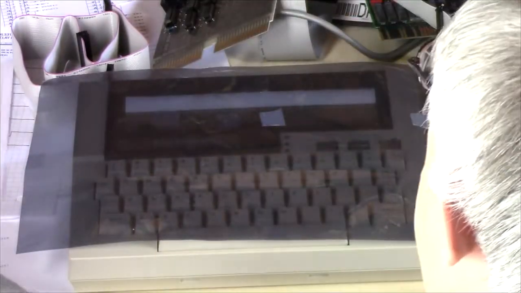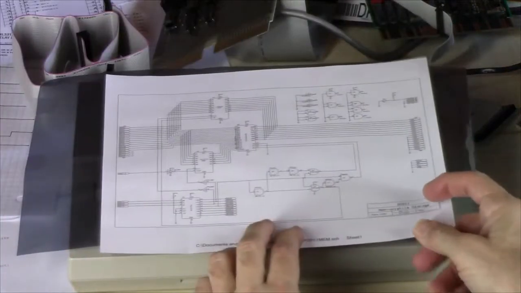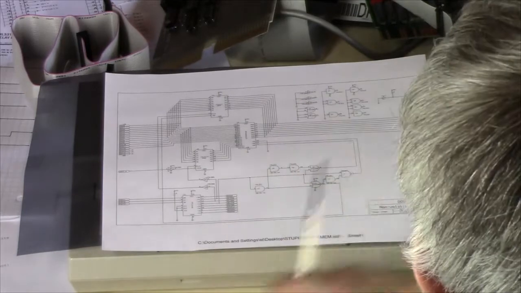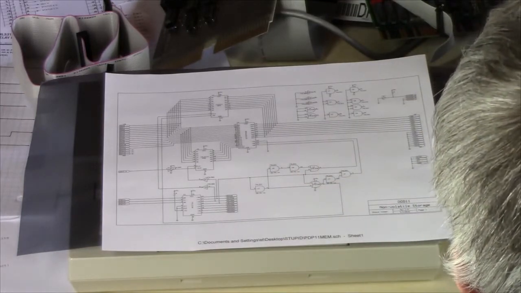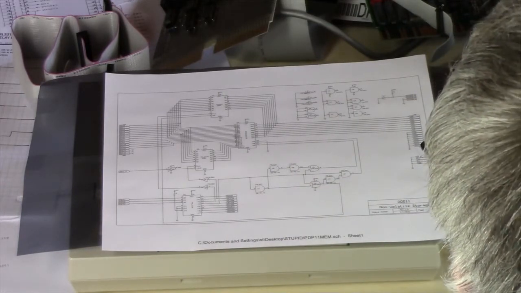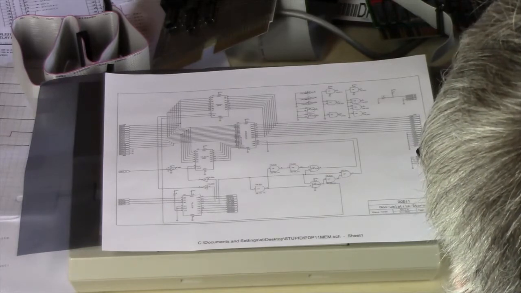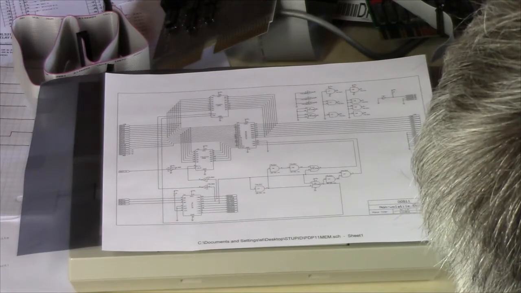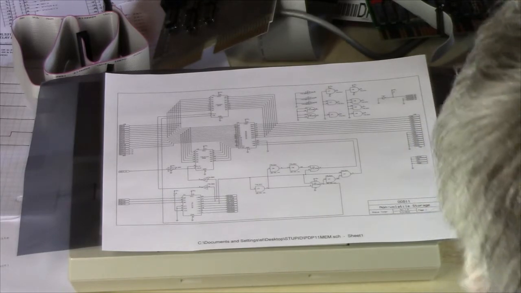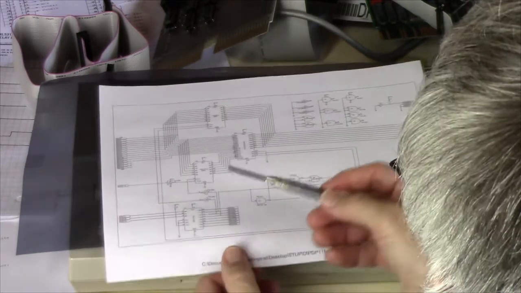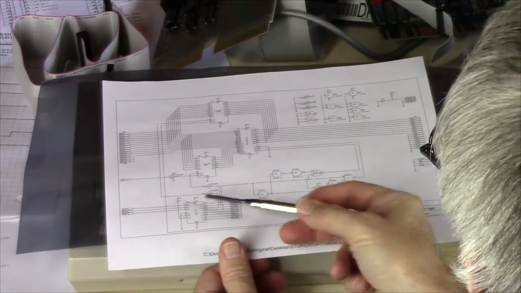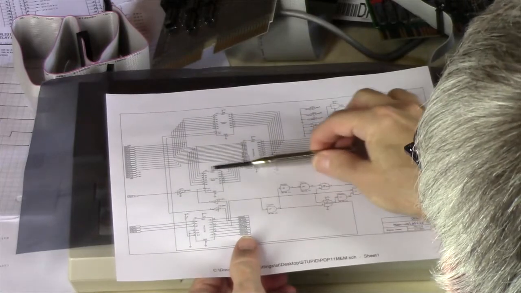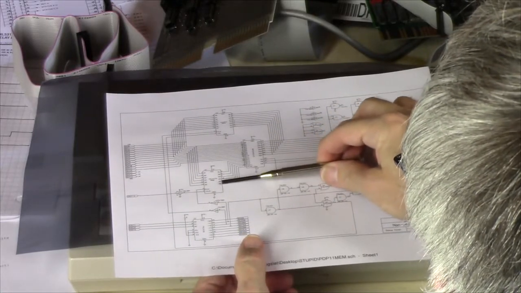Looking at the schematic, it's not all that complicated. What I've done is divided my 0.5 megabyte, 512K bytes, into 64 8K byte pages, because that suits me. I have a register here that holds the page, so 6 bits of page.